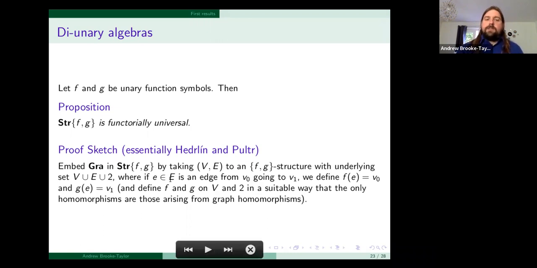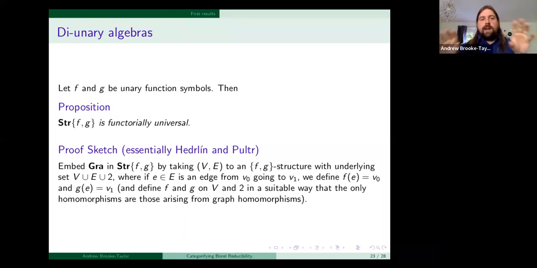If you've got an edge in the graph going from some V0 to V1, well, let's take f of E to be V0 and g of E to be V1. So by having two unary function symbols, we can pull out the domain and the range for these directed graph edges.